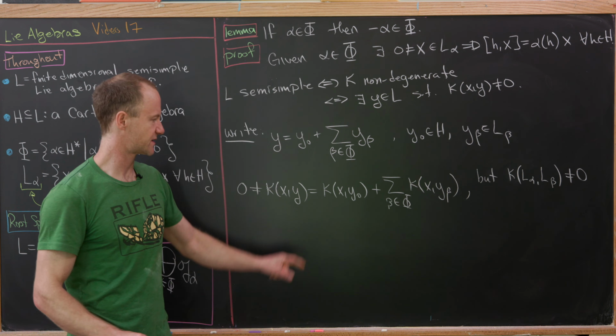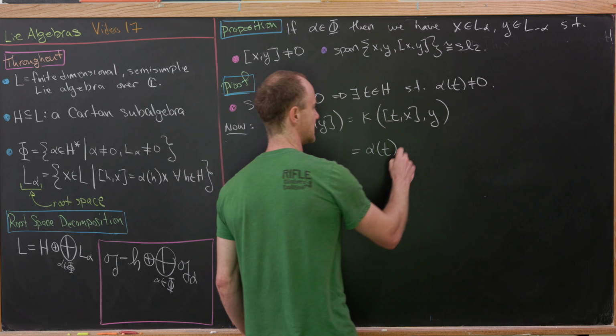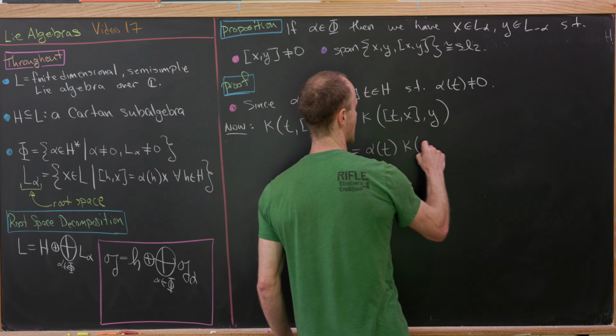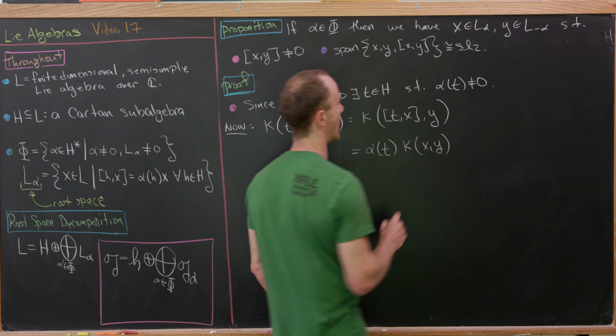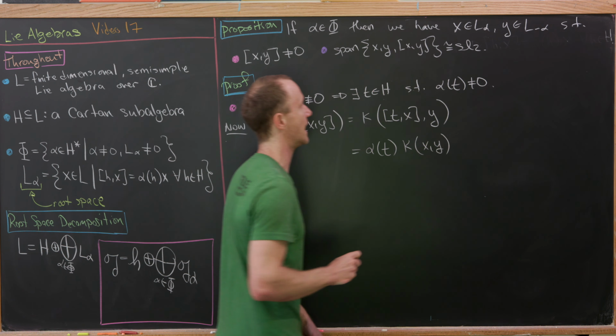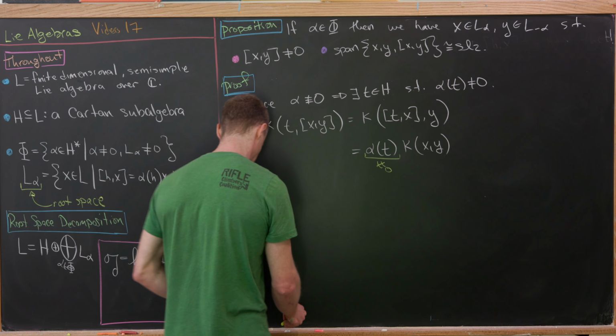And then I can bring that out because the Killing form is bilinear. So we have alpha of t and then kappa of x with y. But then let's recall that we chose t so that this alpha of t was non-zero.